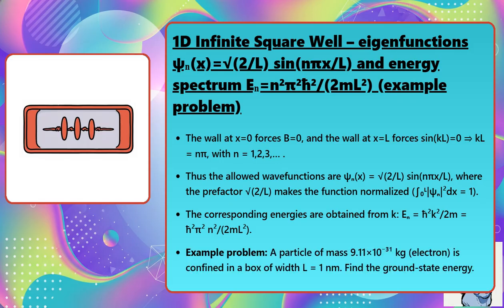A particle of mass 9.11 times 10 to the minus 31 kilograms, an electron, is confined in a box of width L equals 1 nanometer. Find the ground state energy.